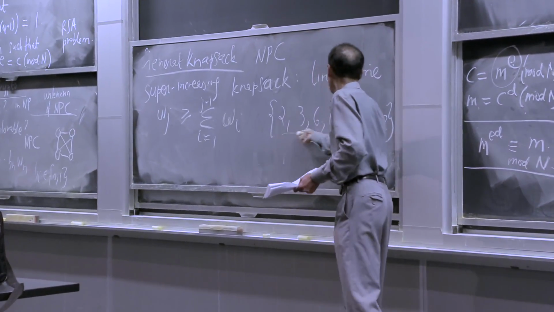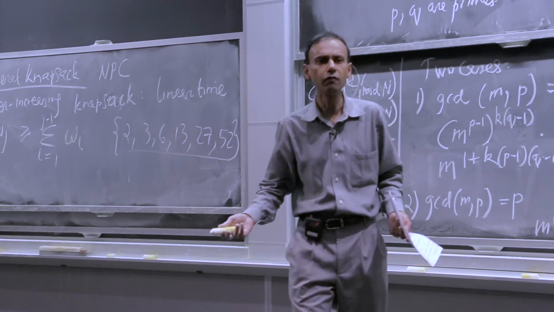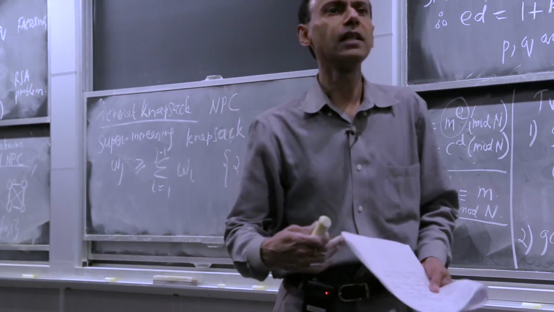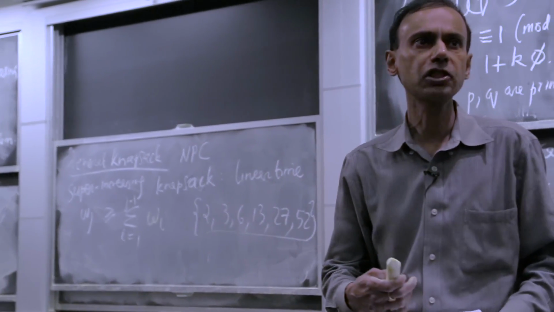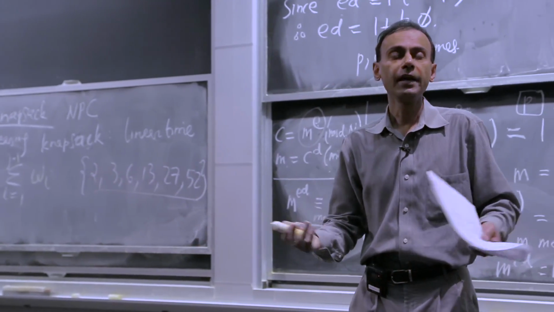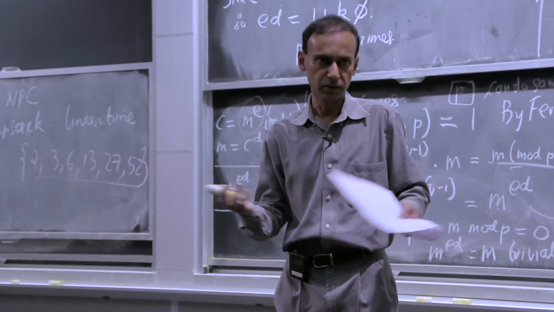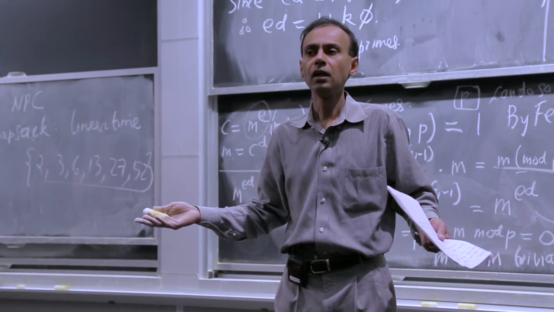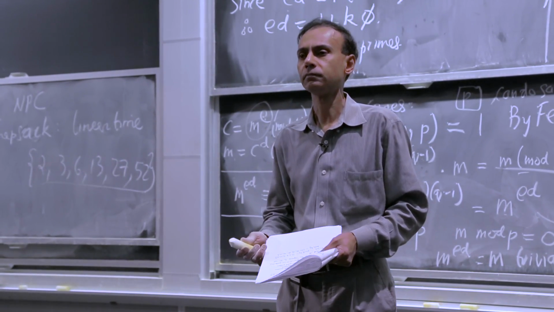Do you see why super increasing knapsack is easily solvable? Right? I mean, what is knapsack? I got a limit on the amount of stuff I can put into the knapsack, and I want to make sure to be able to say yes or no in terms of whether it fits exactly or not, just in terms of our definition. So what would I do here in super increasing knapsack?